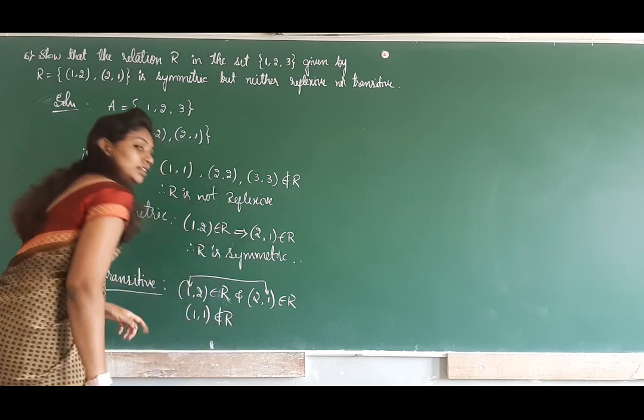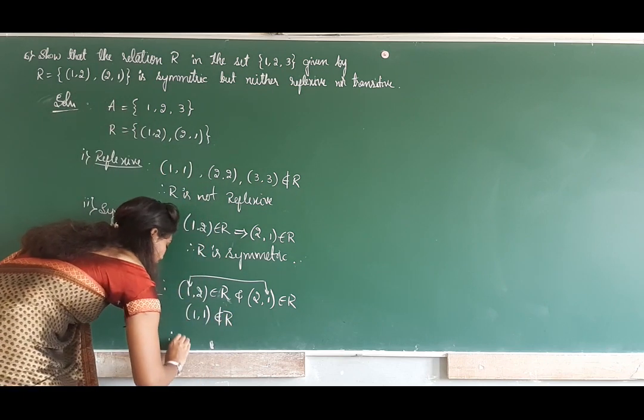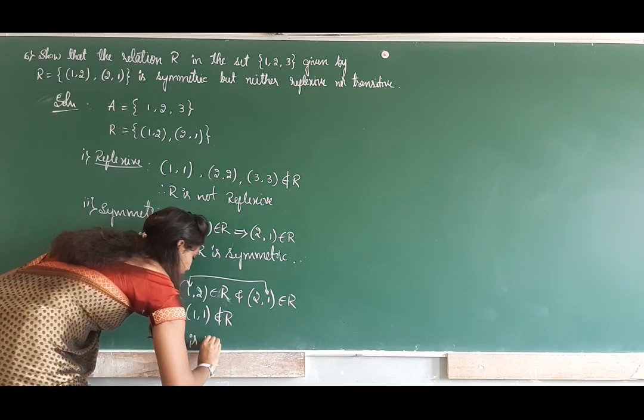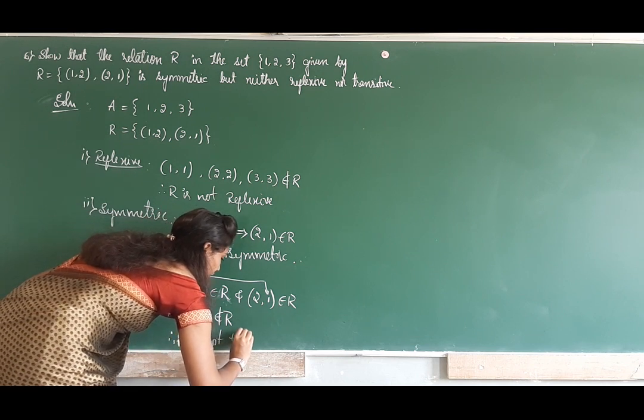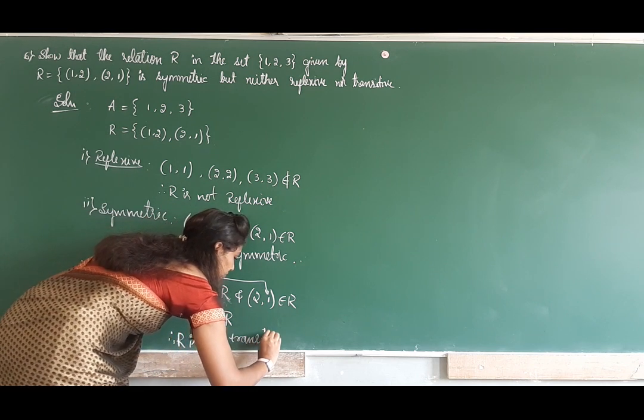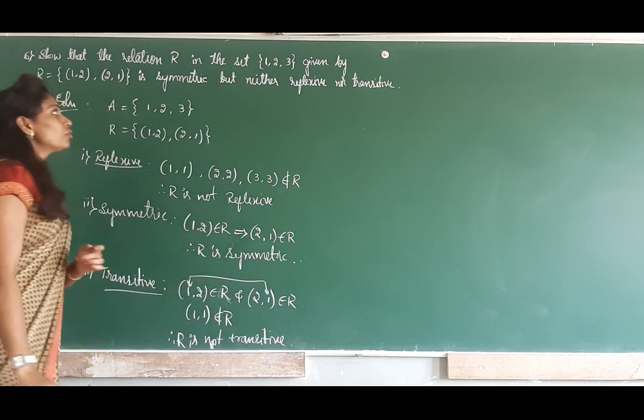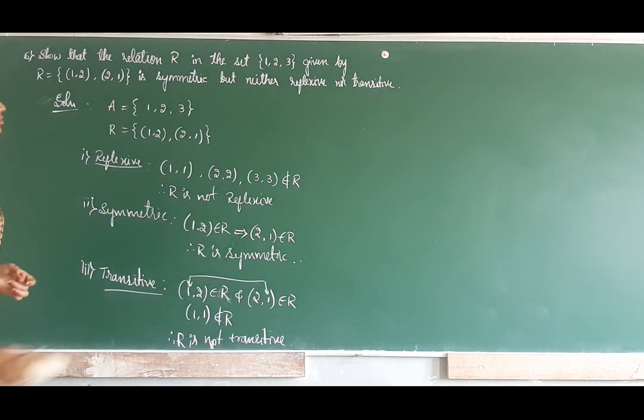The ordered pair (1, 1) does not belong to R. Therefore, R is not transitive. Is it clear? Move on to the next question.